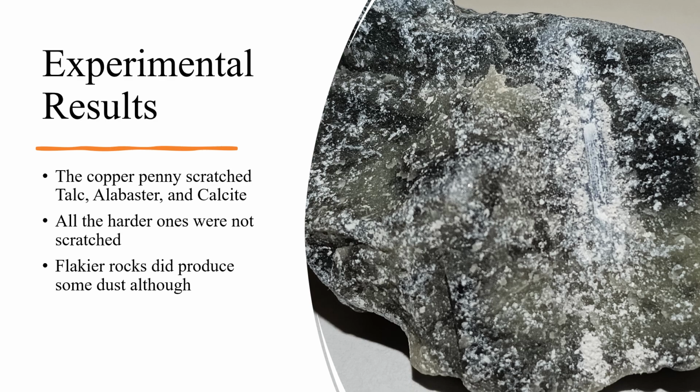So to recap, all things that were harder than the penny were not able to be scratched by the penny. And in fact, those rocks scratched the penny. The penny was very, very much deformed by the harder rocks, especially as you got harder. So in theory, this would apply if I were to take corundum, the hardest rock mineral, to scratch everything else.